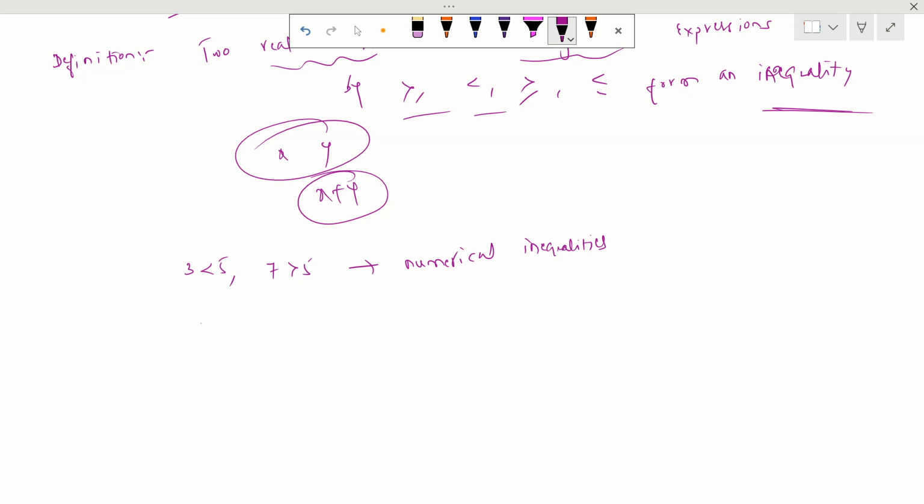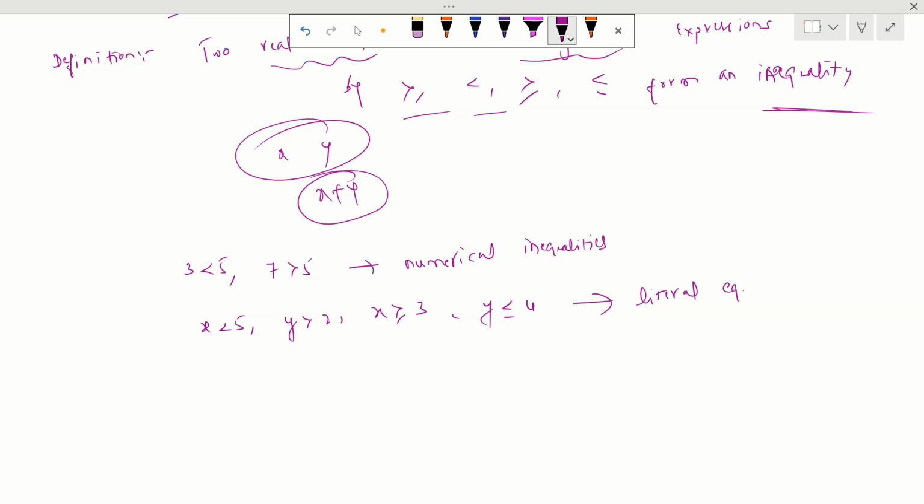And when x is less than 5, y is greater than 2, x is greater than or equal to 3, and y is less than or equal to 4, this type of expression is called a literal inequality.